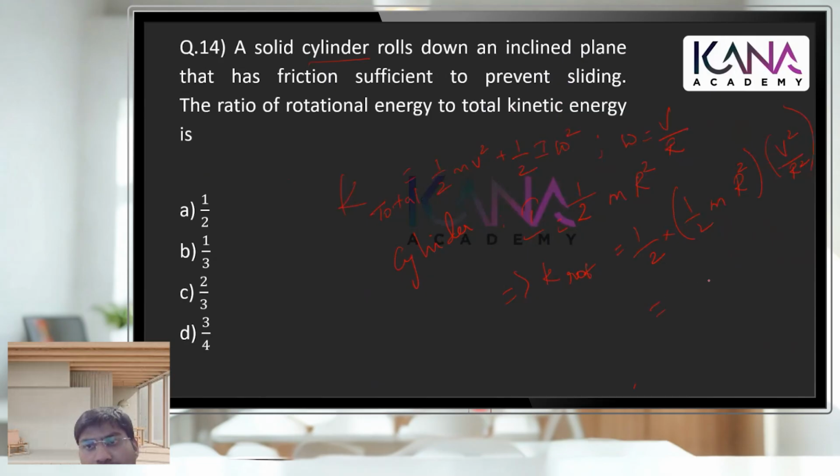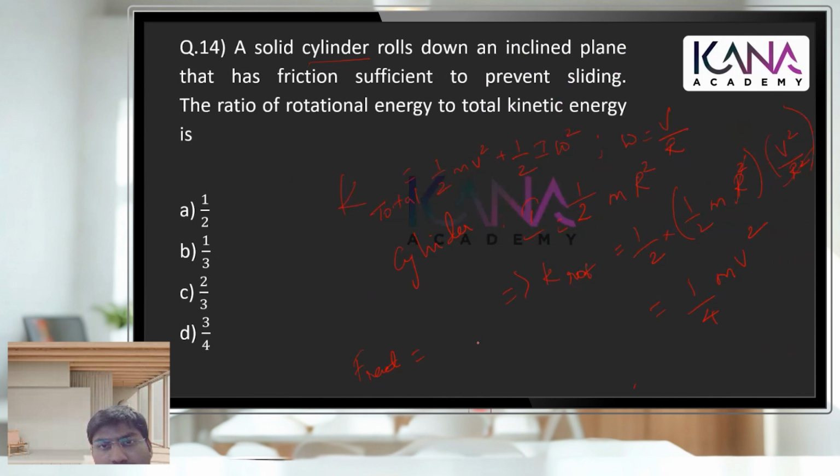Okay. This will become 1 by 4, r square will get cancelled. It will be 1 by 4 mv square. So if you want to find the fraction, it will be K rotational by K total.